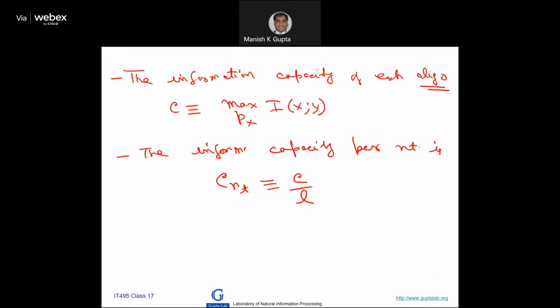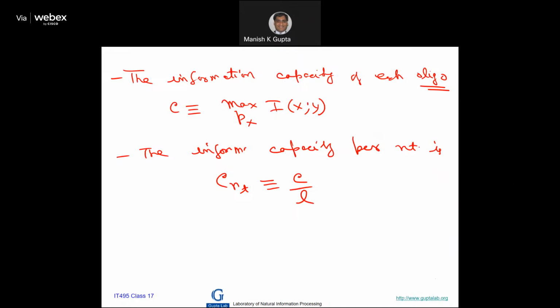Now actually I'm going to use a result which is there in constraint channels. This result is given, I think, at page number 251 or 252 in the David MacKay book, which I have showed to you, right? I'm just using that result, assuming that this is known.